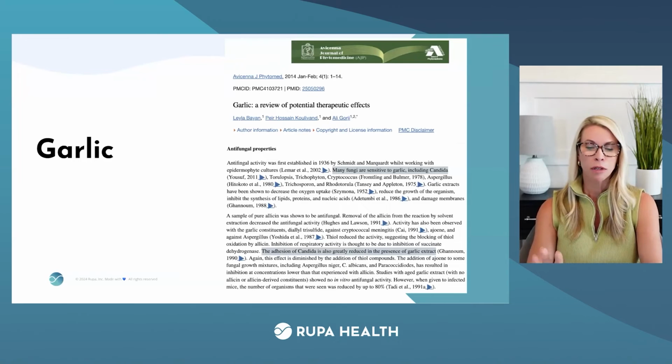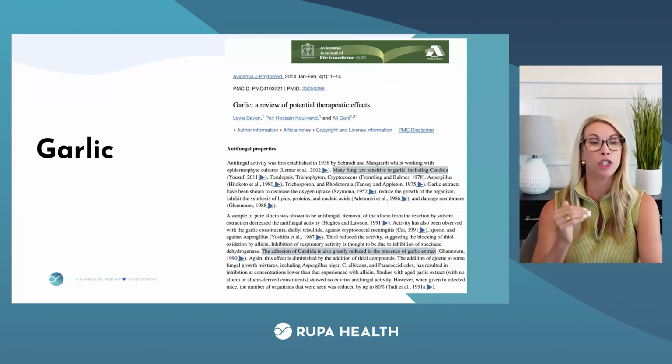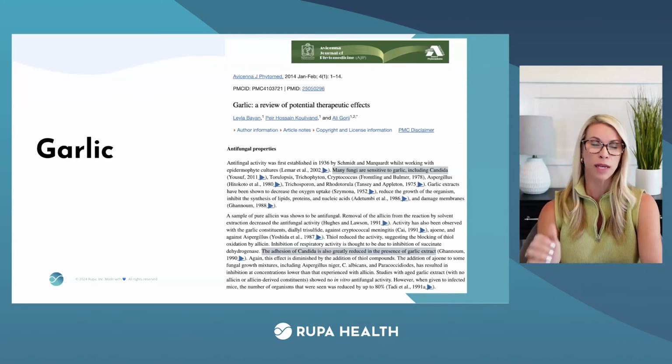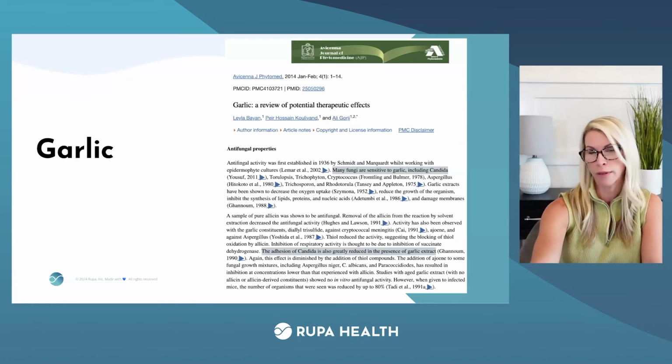There are many different strains of yeast that are sensitive to garlic, including Candida, and the adhesion of Candida can be reduced by using garlic as a support or treatment option. This could be a dietary additive or it could be in supplemental form, but very supportive in Candida overgrowth.